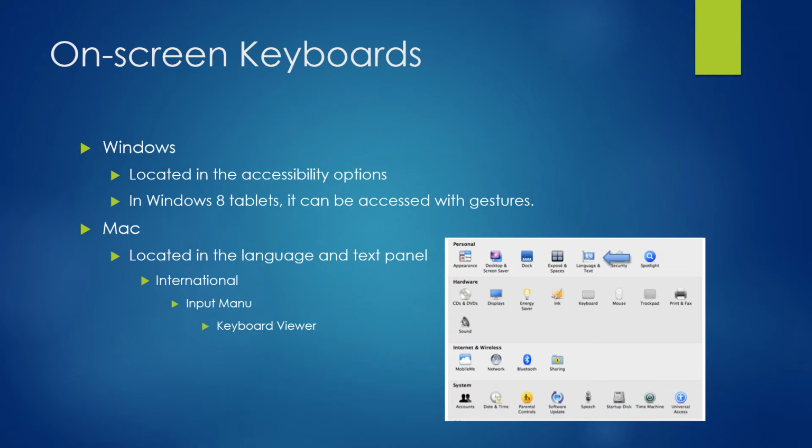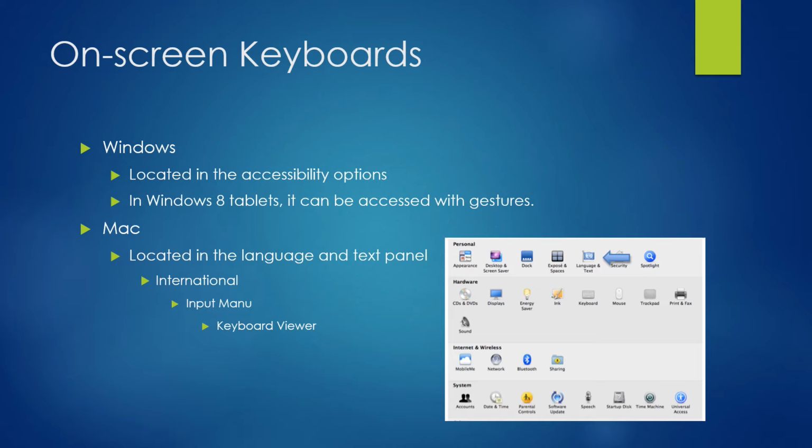On-screen keyboards. An on-screen keyboard is basically a virtual keyboard that's presented on a desktop or laptop. We're familiar with on-screen keyboards because we use them on a daily basis when we use our smartphones and tablets, if we're creating a text message, surfing on Safari or Internet Explorer, or possibly posting onto Facebook.